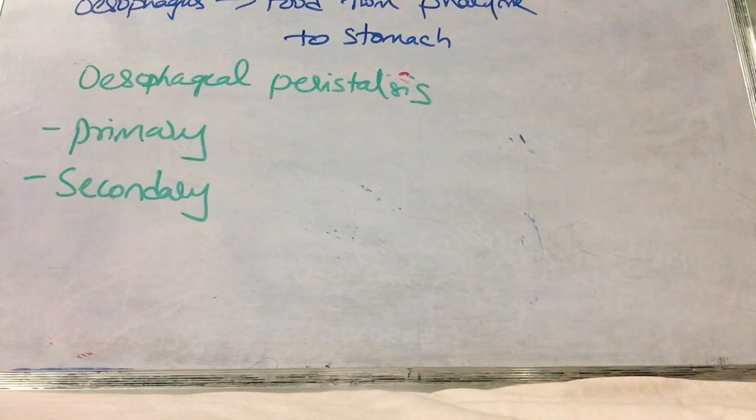In the third phase of the deglutition, when the food bolus enters the esophagus, a ring of contraction appears just cephalad to the bolus, which pushes the bolus towards the stomach. This is primary peristalsis, and it appears due to the act of swallowing, whether or not food is present in the mouth. See, primary peristalsis is initiated by deglutition reflex.